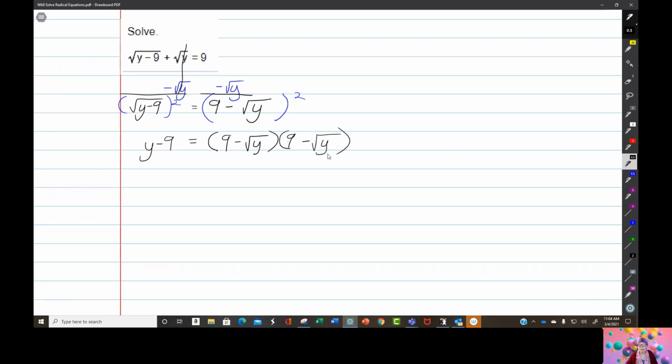Multiplying radical expressions. So, just for the sake of tradition, I'm going to draw my little kind of arrows. And even though that looks exceptionally ugly, we're just going to follow through.